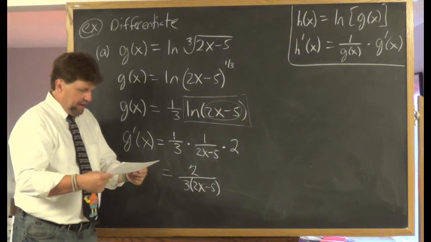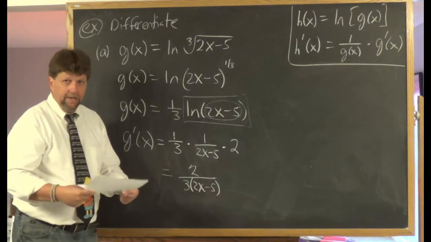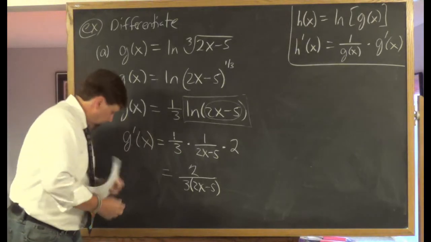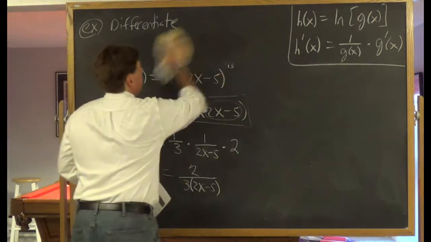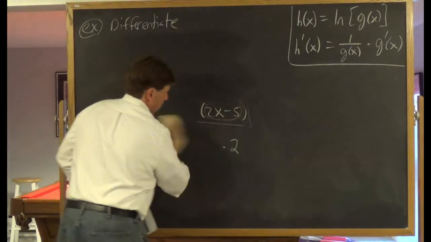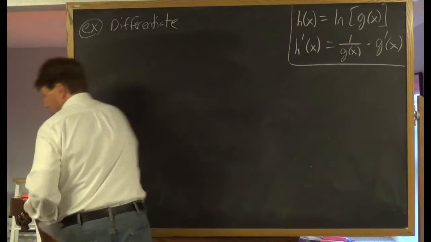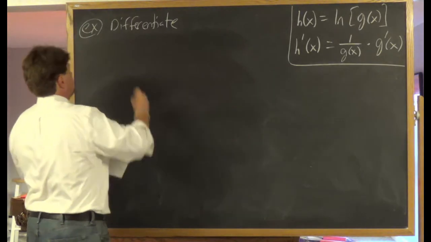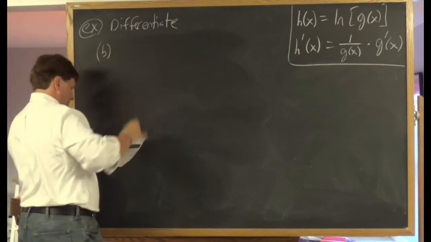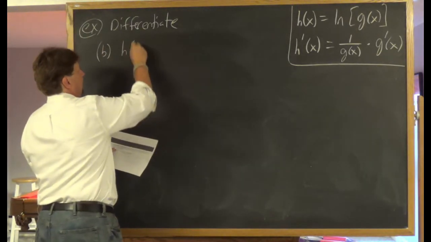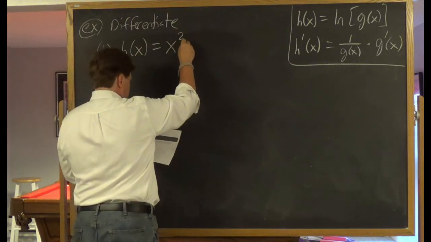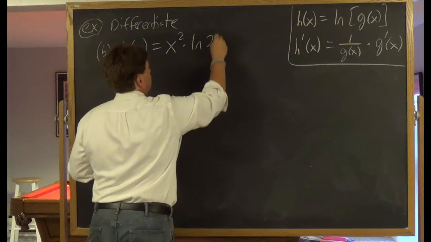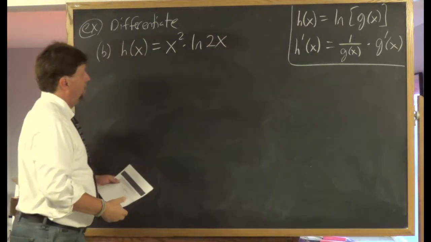So for part B, I'm going to have to erase the board to get part B up here. So bear with me. Part B, the function was h of x equals x squared times the natural log of 2x.